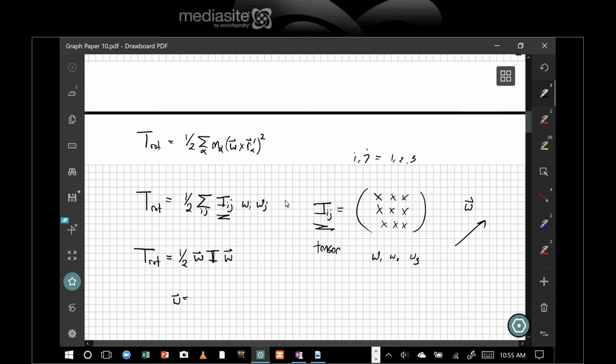Okay, now let me explain what these are. Omega is a column vector with all the components of the angular velocity 1, 2, 3 like this. I, and I'm going to use this kind of scripty I to denote that this thing is a matrix. Okay, it's a matrix where again, let me just write it out to be really thorough.